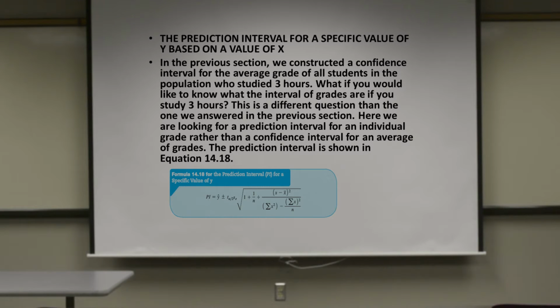This is a different question than the one we answered in the previous section. Here we are looking for a prediction interval for an individual grade rather than a confidence interval for an average grade. The prediction interval is shown in equation 14.18.